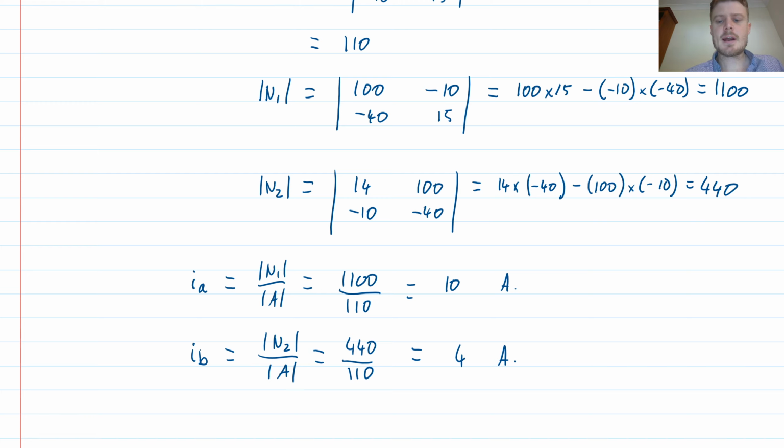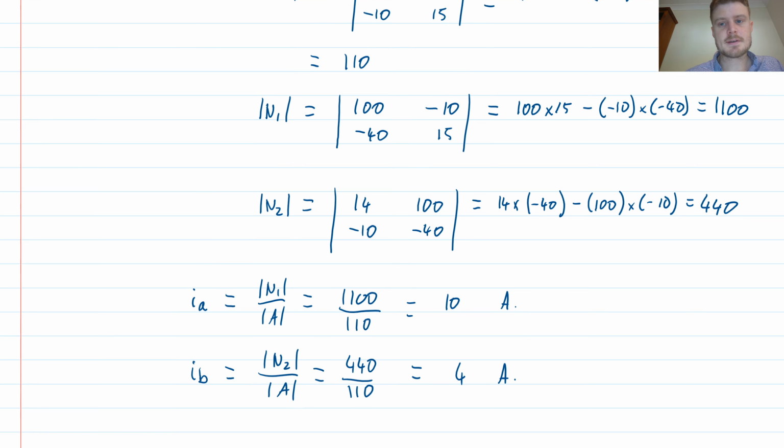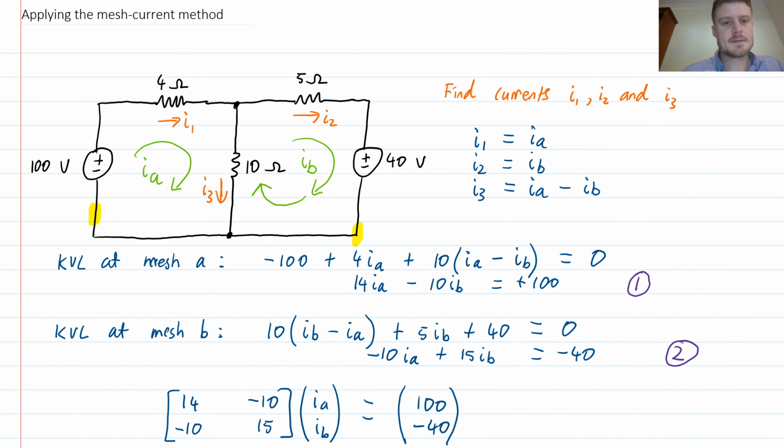So finally what I need to do is go back and express this in terms of the variables that I was asked to solve for, which of course are currents I1, I2, and I3. I already calculated that I can read off I1 and I2 directly as IA and IB. For I3, I just need to calculate IA minus IB.